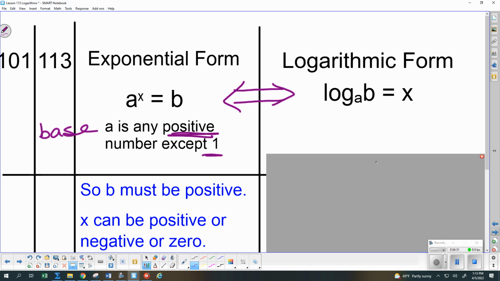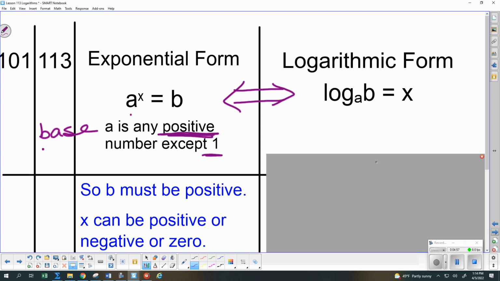If I start taking a negative number, and then I define this for all x's, well, if I take it to a negative number to an even power, I'm going to get a positive. And if I take a negative number to an odd power, I'm going to get a negative. And I need it to be just some number over here. So that's not going to work. So we're going to restrict our base to anything positive except for 1.